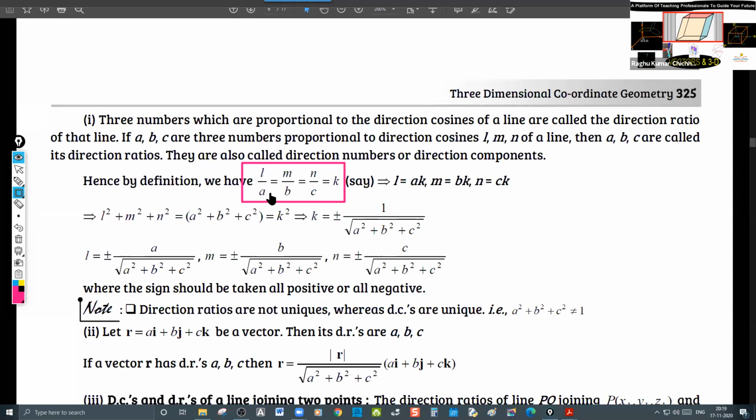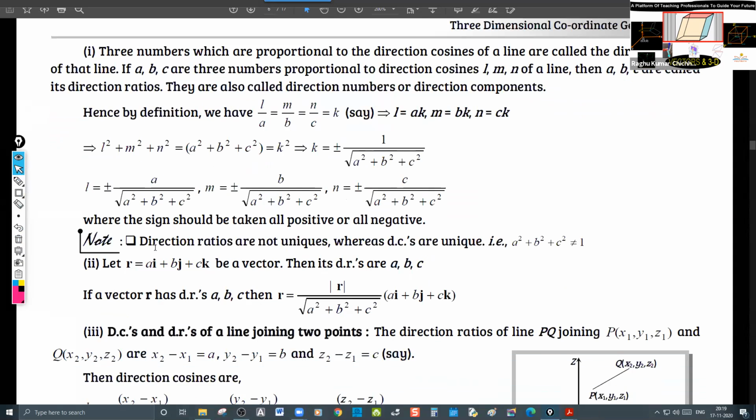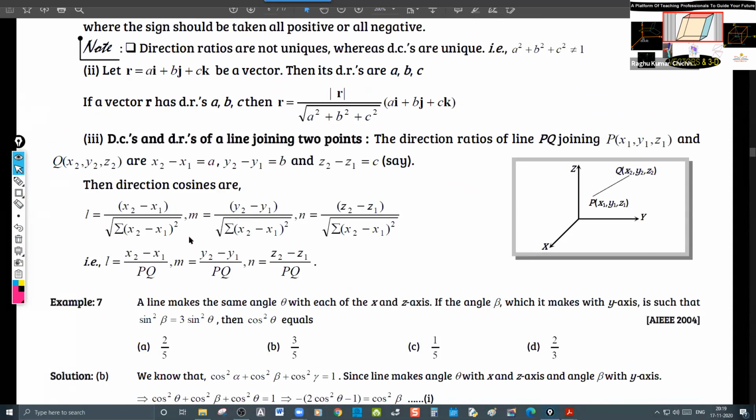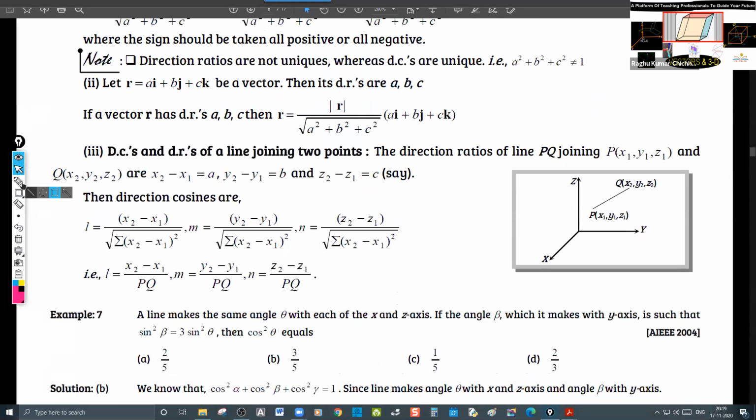So how to convert DRs to DCs? Simply divide by root over A square plus B square plus C square. DCs is nothing but a unit vector. This is very important. In the problem part, we'll have to apply this many times.